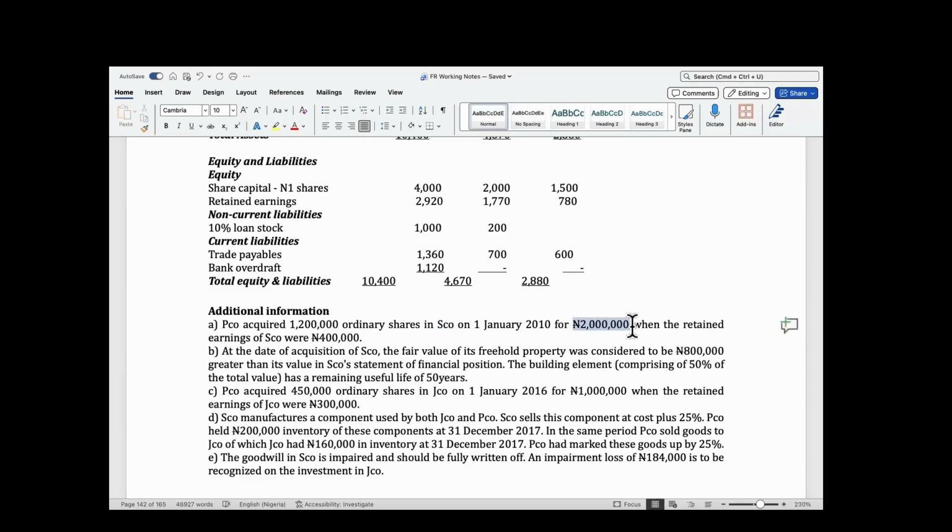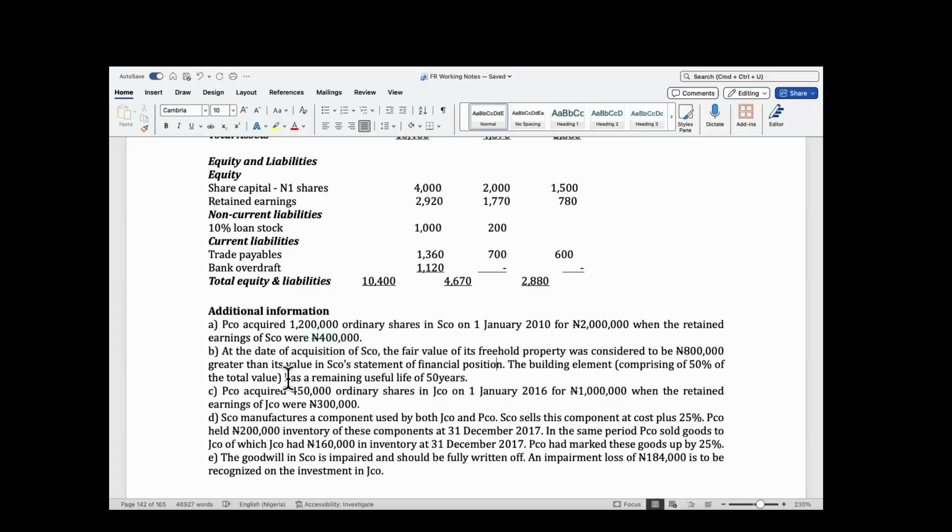And it is paying 2 million, which means that this is the purchase consideration. And the retained earnings of ESCO were 400,000. This is the pre-acquisition retained earnings. We're now told also that at the date of acquisition of ESCO, the fair value of its freehold premises was considered to be 800,000 greater than its value in ESCO's statement of financial position.